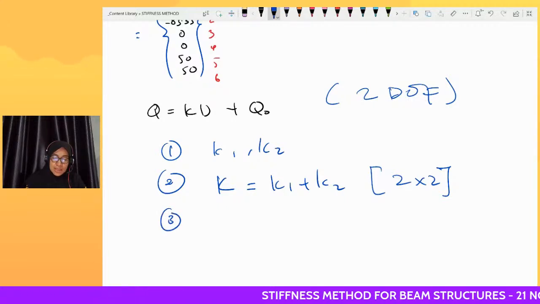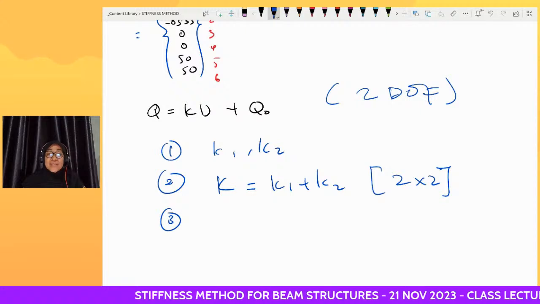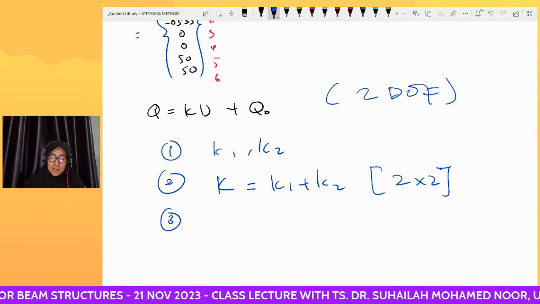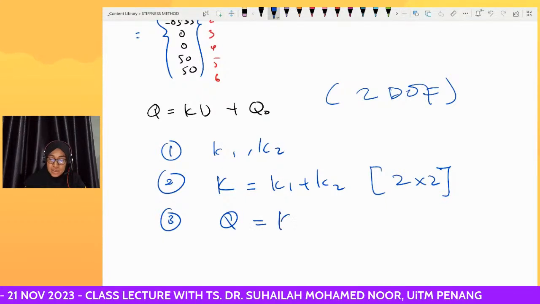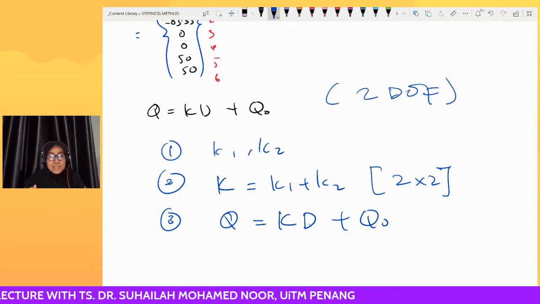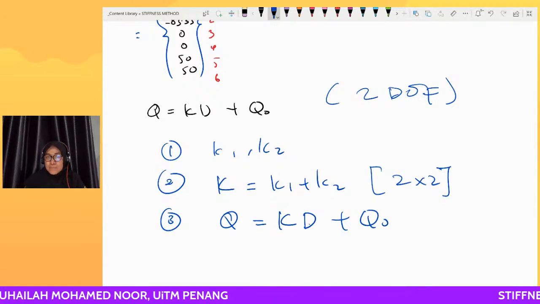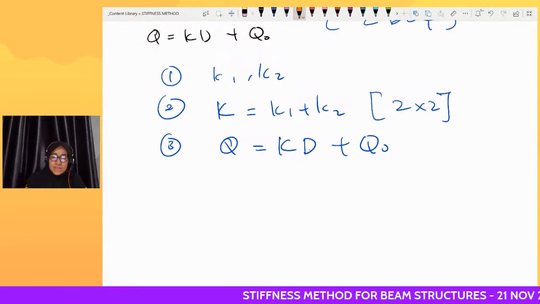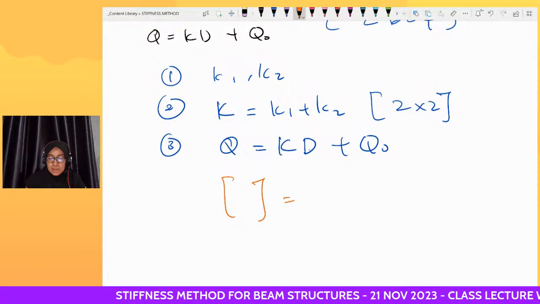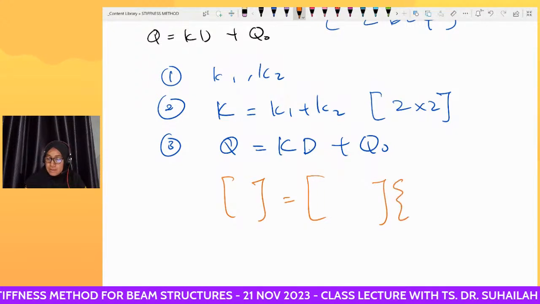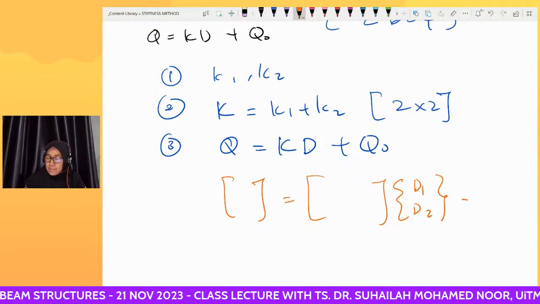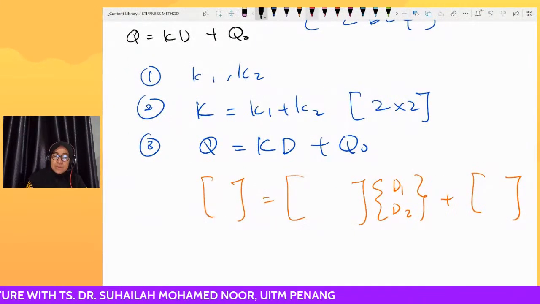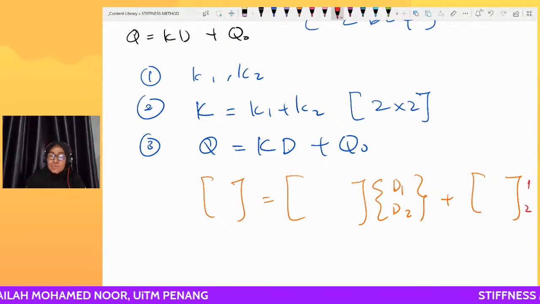Number three, the stiffness equation. Of course, you will use this equation, KD plus Q naught. This is the stiffness equation or force-displacement equation, but you don't need to give it in full because what you want is only 2 by 2: D1, D2 plus the values for position 1 and 2 only.